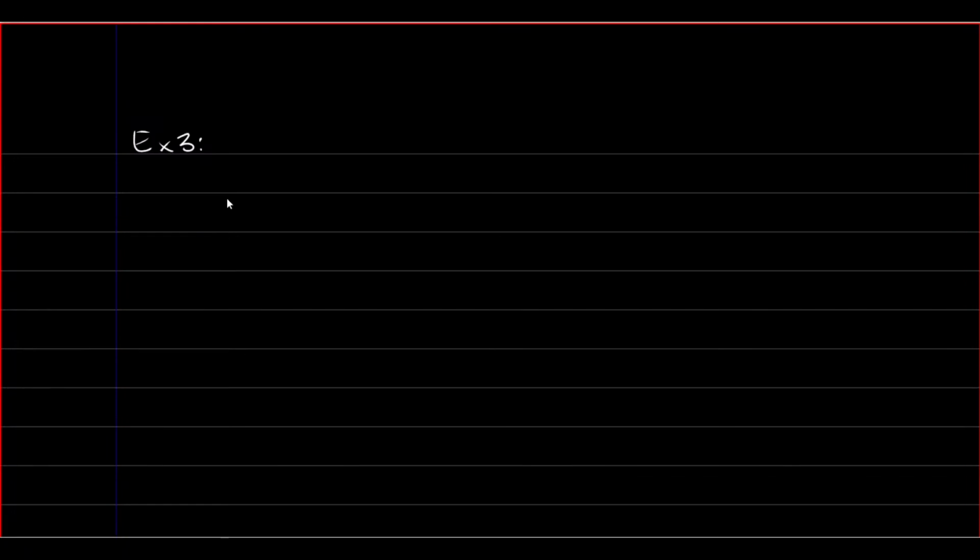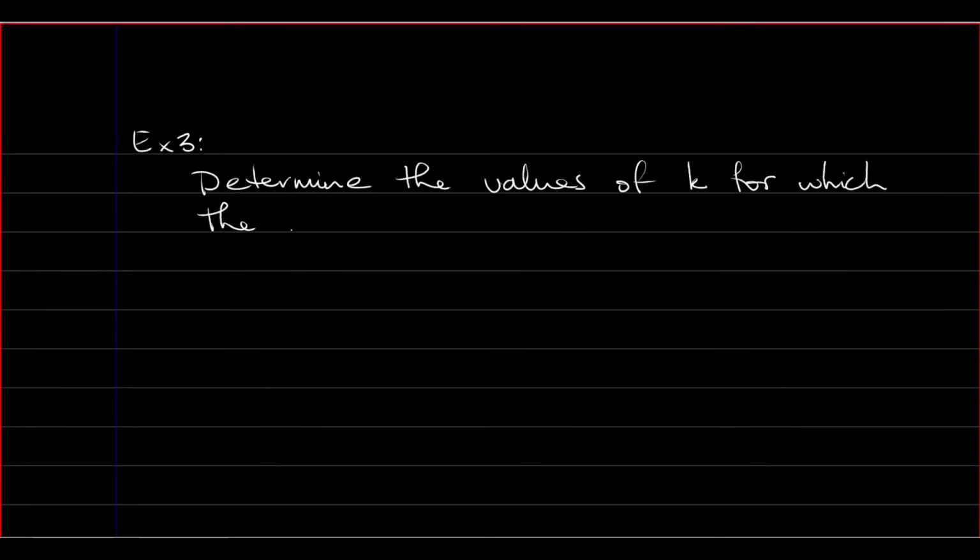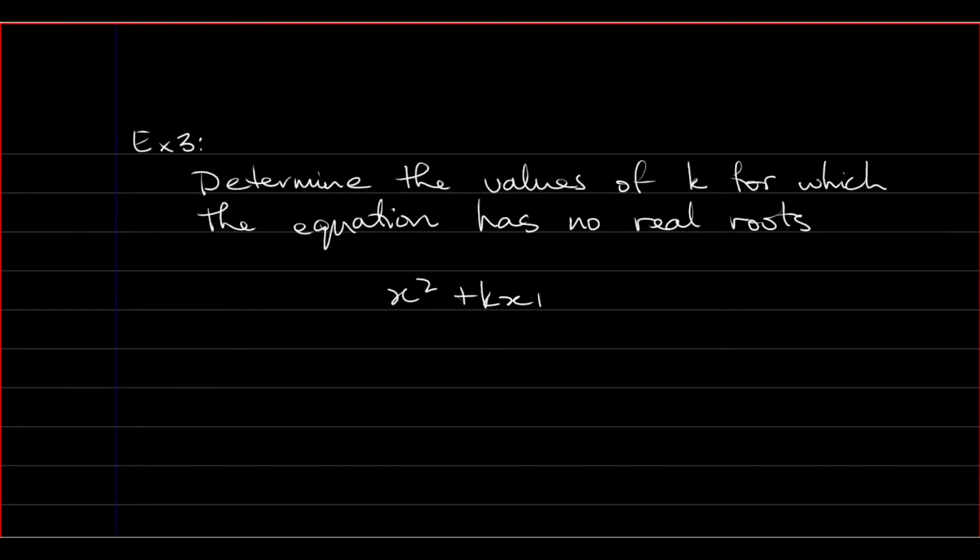Alright, so determine the values of k for which the equation has no real roots. And we're saying that x squared plus kx plus 9 is equal to 0.